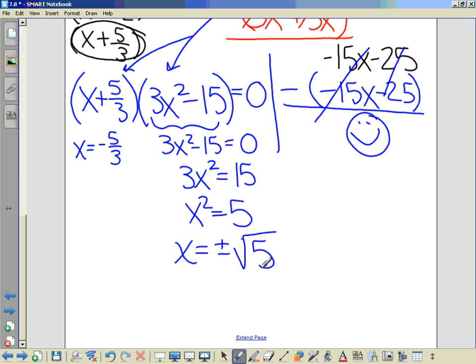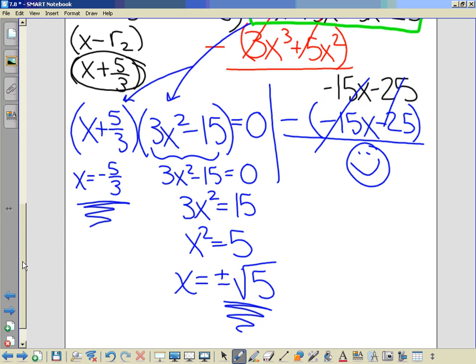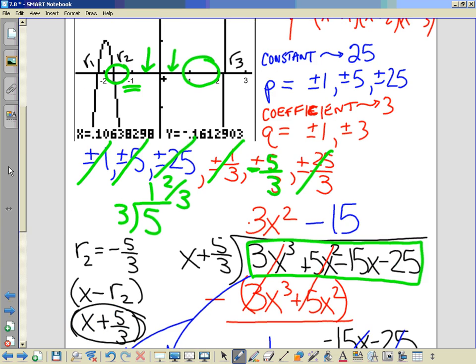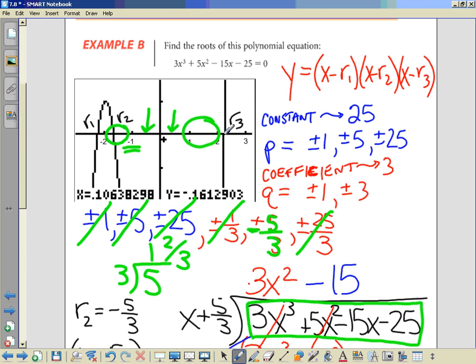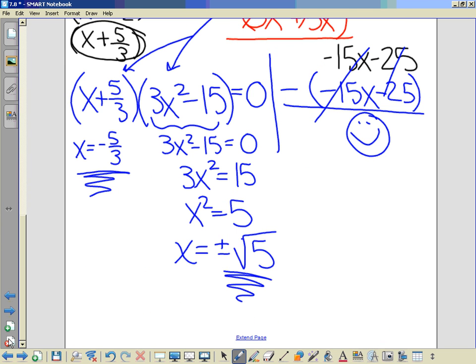So we have 3 roots, one at negative 5 thirds, and 2, one being at positive root 5, the other being at negative root 5. If you check that on your calculator, positive and negative root 5, probably 2 point something, and negative 2 point something. So we have all 3 roots of this polynomial equation. Negative 5 thirds, positive root 5, and negative root 5.